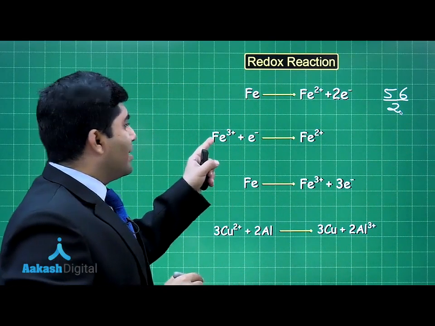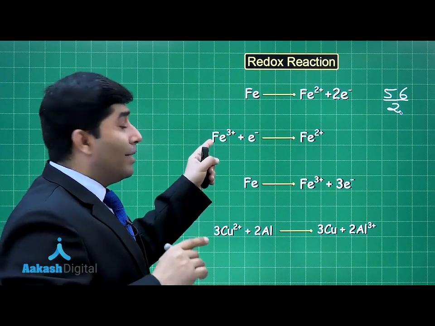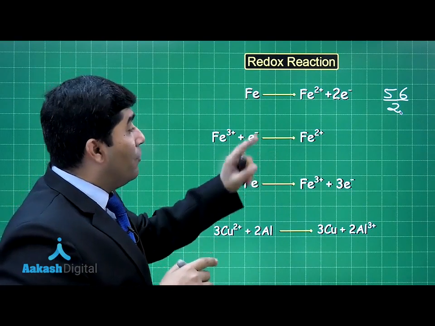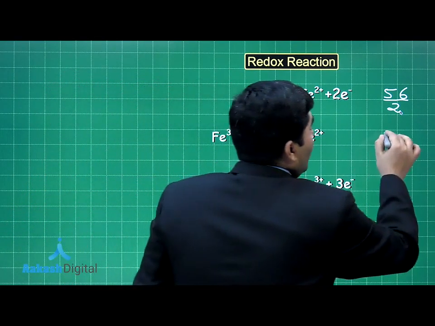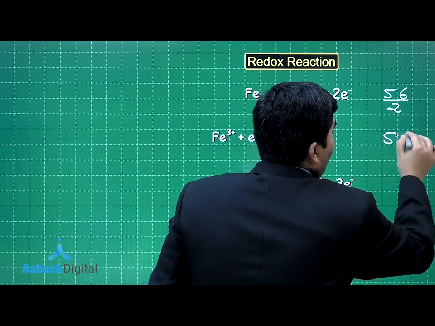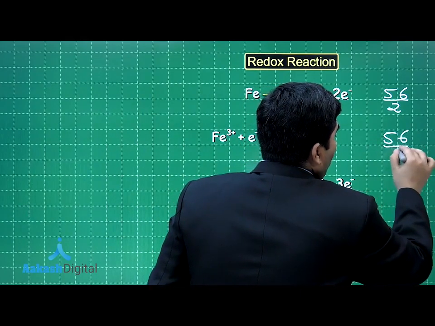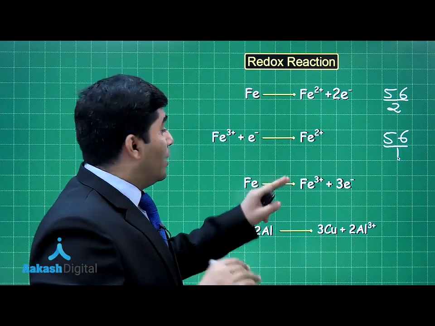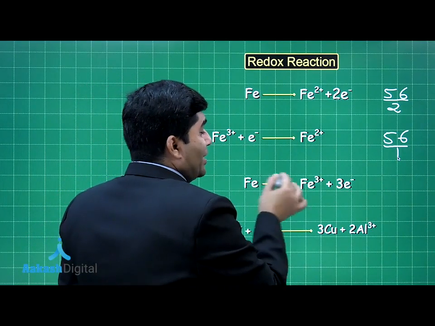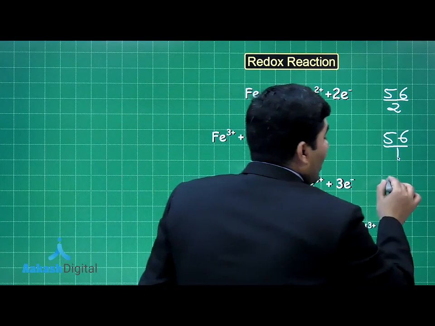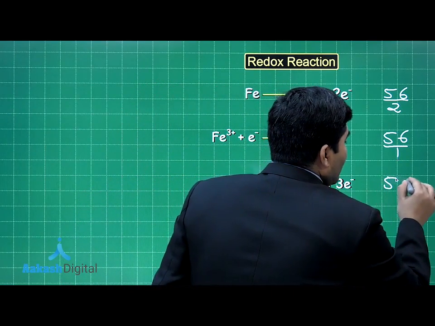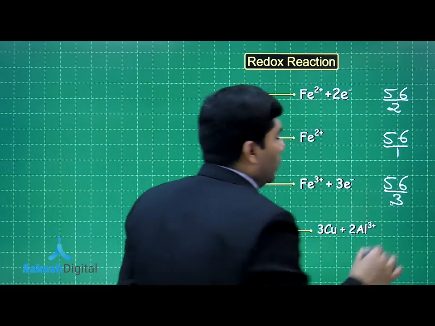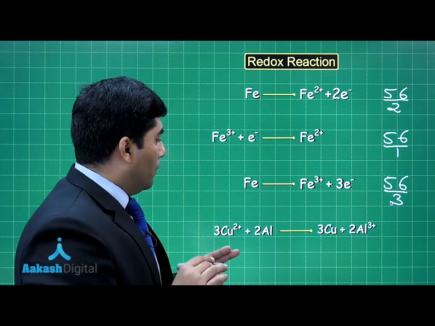Now, second case, Fe3+, that is ferric ion, it is accepting 1 electron, forming Fe2+. Therefore, the equivalent weight will be equal to 56 by 1. In third case, this is again oxidation and Fe is converted to Fe3+. The change in the valency is 3. Therefore, it is equal to 56 by 3.